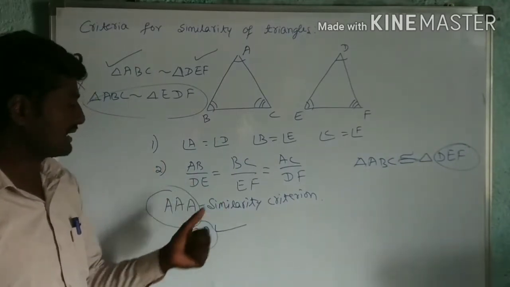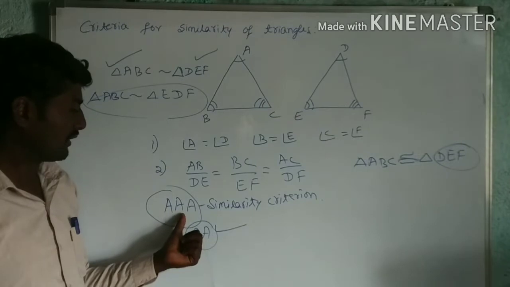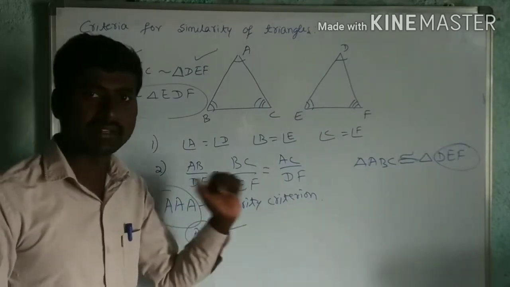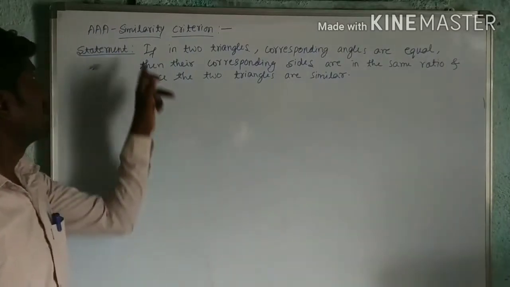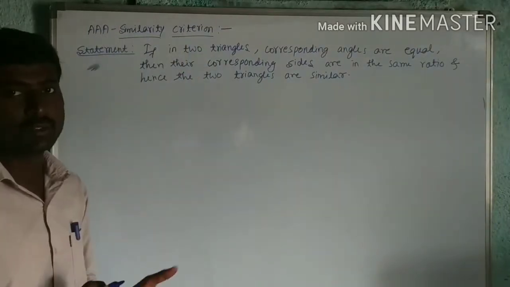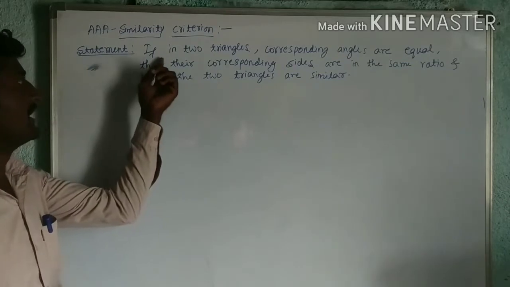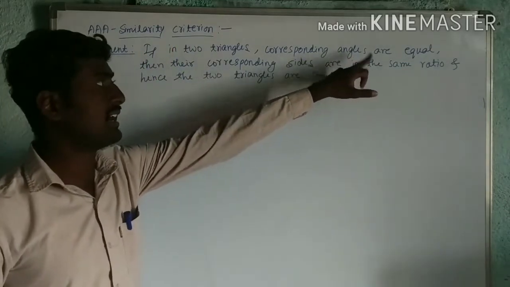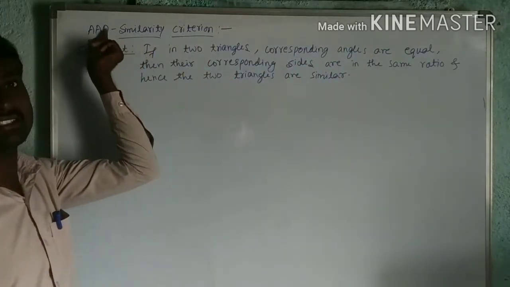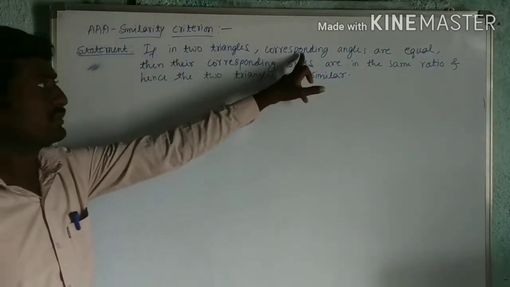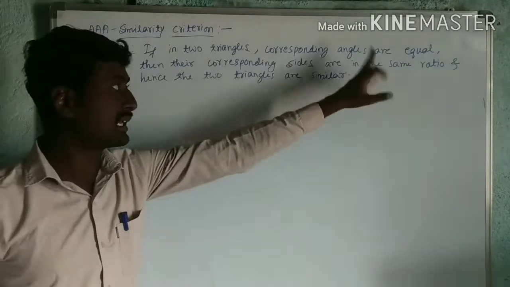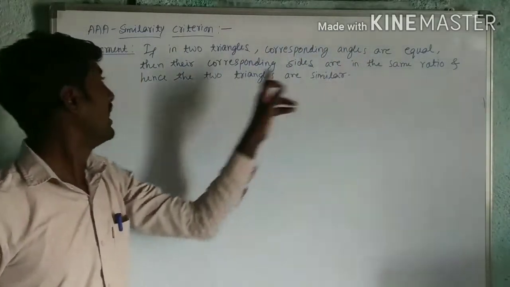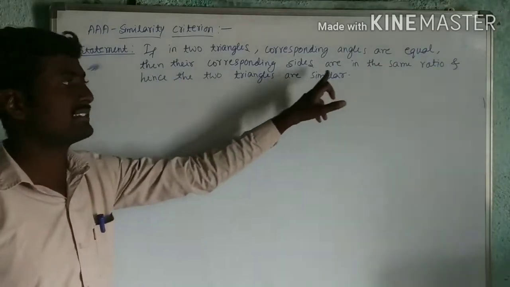Let us give the proof for the AAA similarity criterion. The statement is what? If in two triangles corresponding angles are equal, because three angles are equal, AAA, meaning all three angles are equal, then their corresponding sides are in the same ratio, and hence the two triangles are similar.